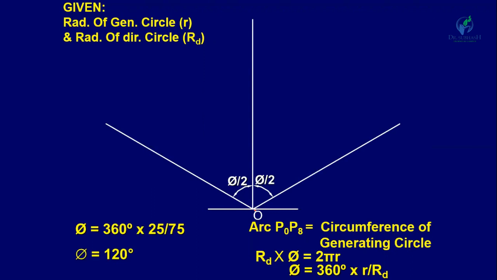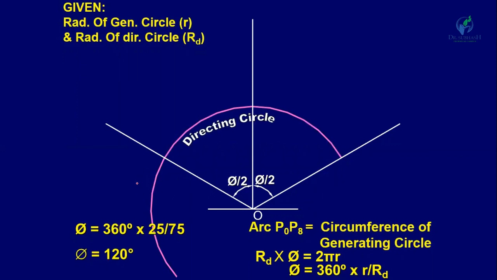Now with O as the center and radius equal to 75 mm, draw the directing circle. So this circle is the directing circle, radius is 75 mm.